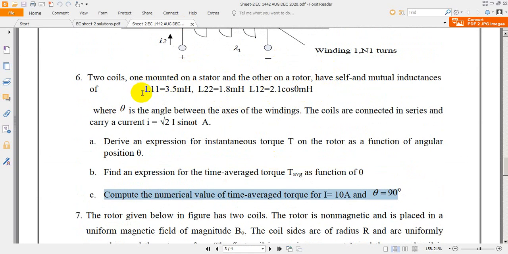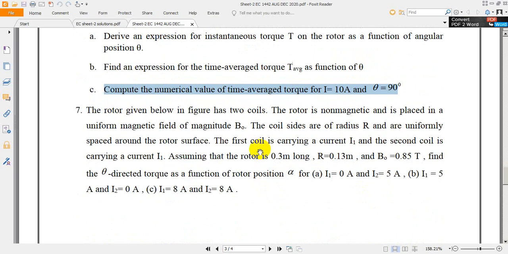Basically we have two self inductances and one mutual inductance. For that we evaluated the energy in the field, the total expression for the torque, the time average function in terms of theta, and then we substituted the numerical values of the current and theta and evaluated the average torque value.